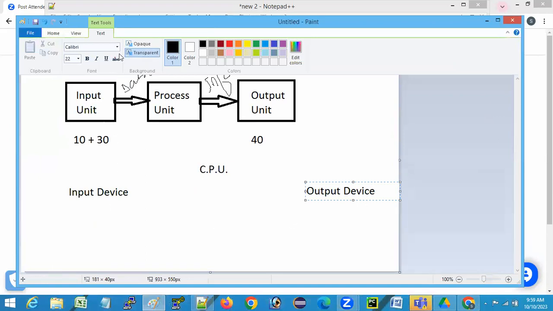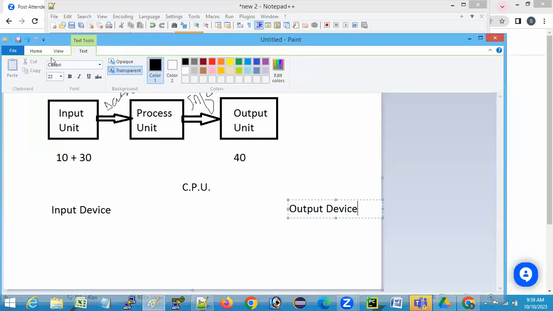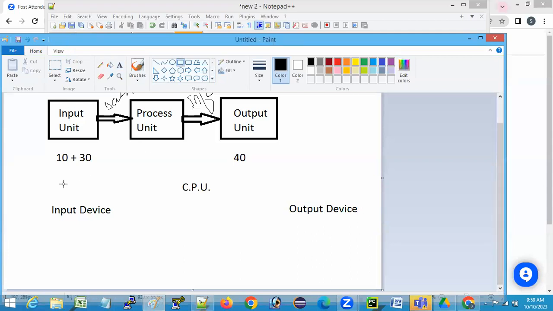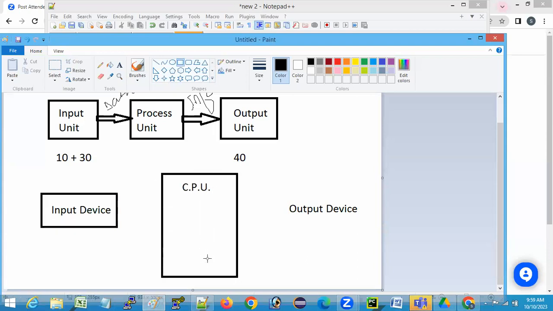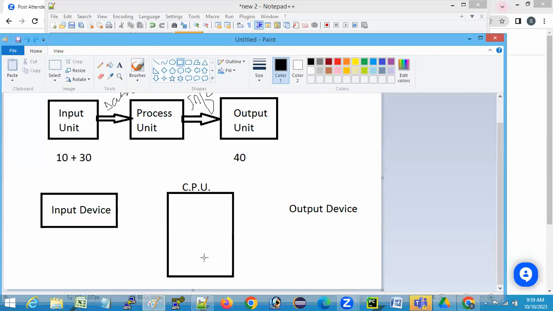Now, this input device, whatever we have, then the CPU. The CPU is further divided: this one is an ALU, this is a CU, and this is a memory.